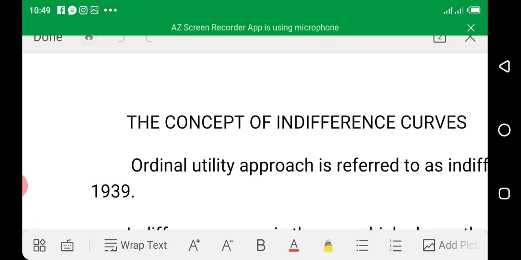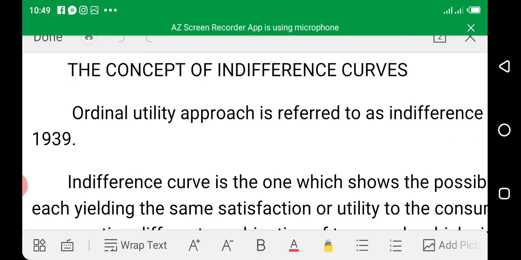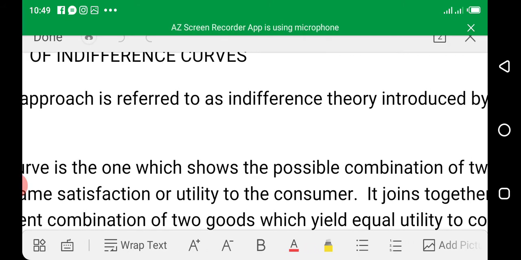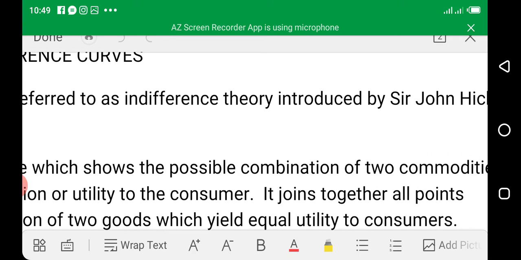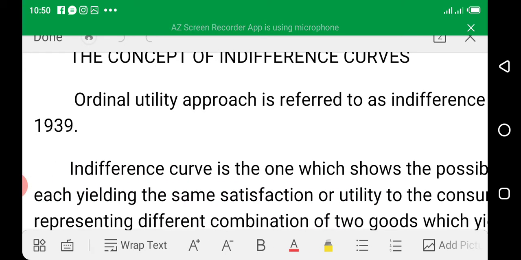Then the concept of indifference curves. The ordinal utility approach is referred to as indifference theory, which was introduced by Sir John Hicks in 1939.